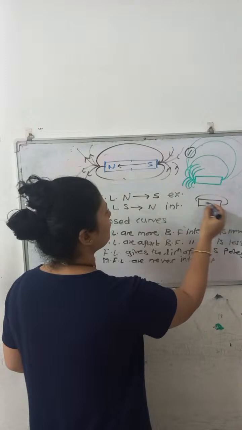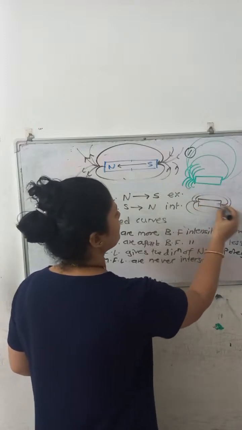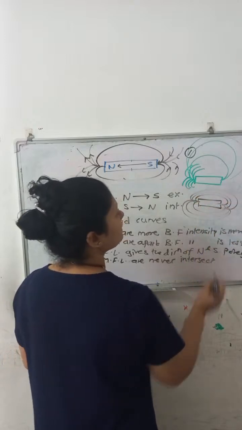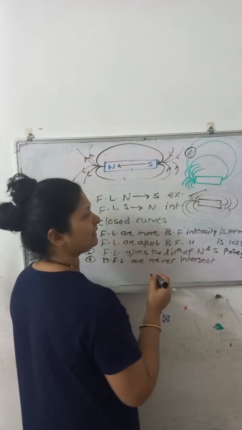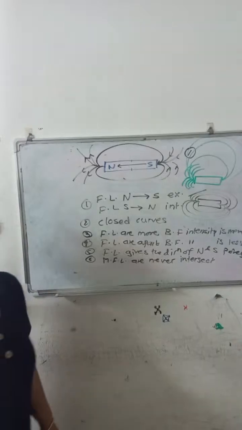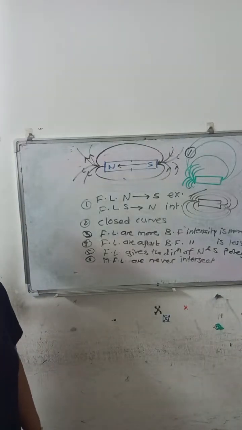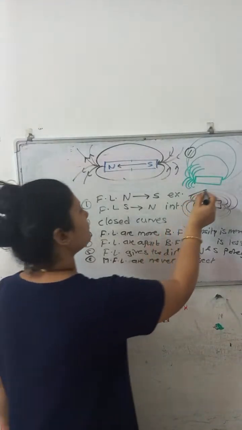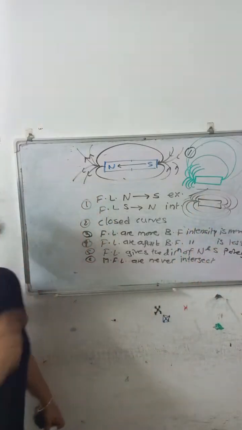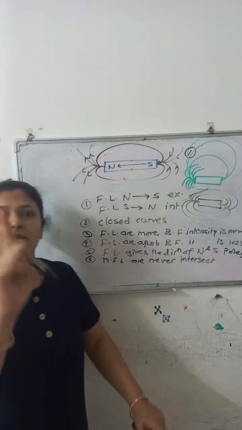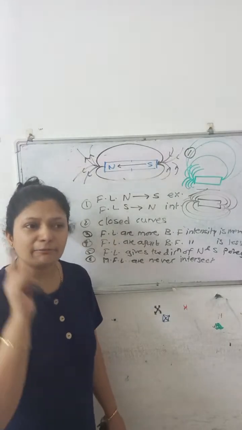They can form loops, but they never intersect. Why are they not intersecting? Suppose I draw a tangent to the magnetic field line, that tangent always gives the direction of the magnetic field. And again if someone draws a tangent like this and this, then it gives two directions, which is not possible in a single plane for the magnetic field lines.